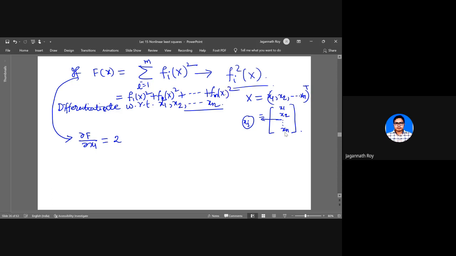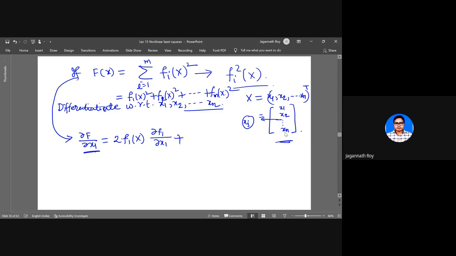Okay, then what happens is 2 times f1(x), because this is an x term, it has n components. So we are considering only x1 terms. So this will be the partial derivative of f1 with respect to x1.